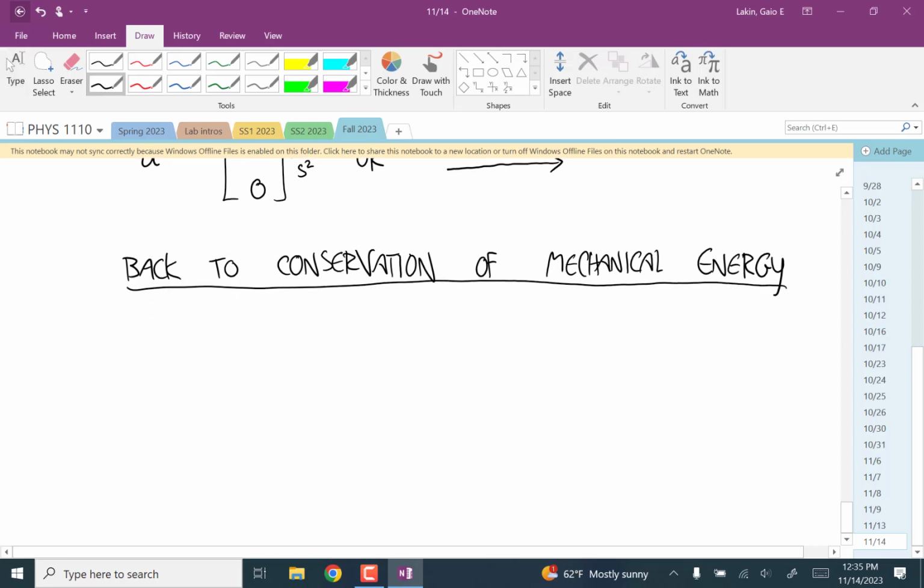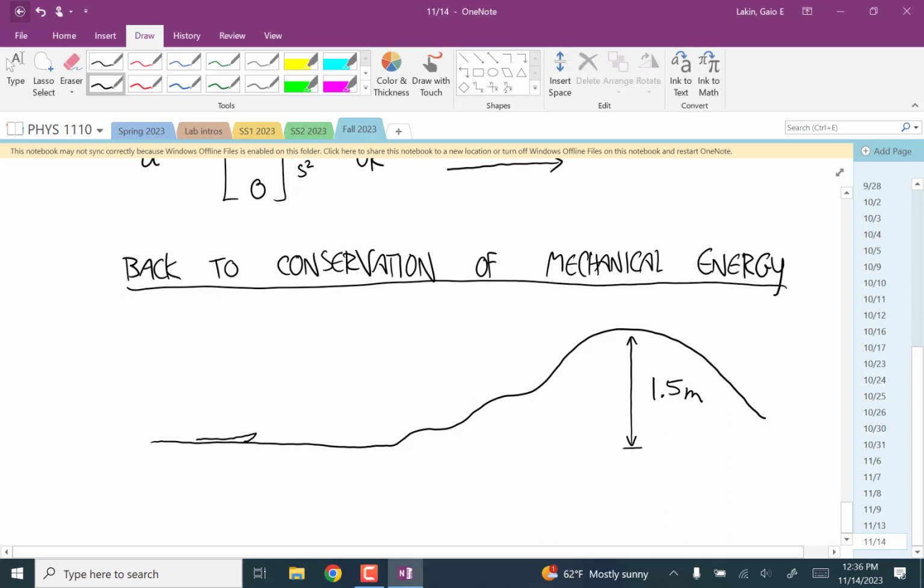Okay, so let's say that there's a skier moving along the flat, and the skier is going to get to the top of this 1.5 meter hill. Okay, so at the bottom of the hill, the skier's going this way.